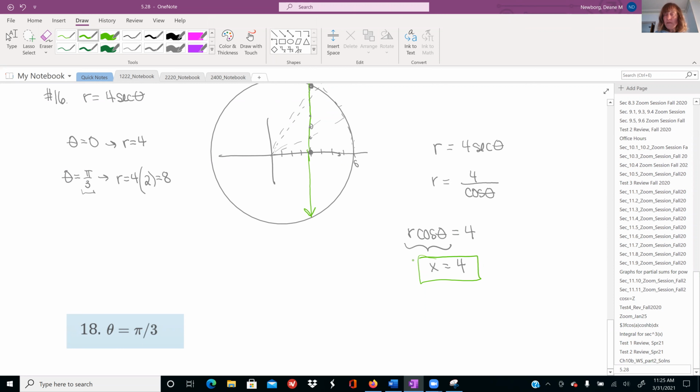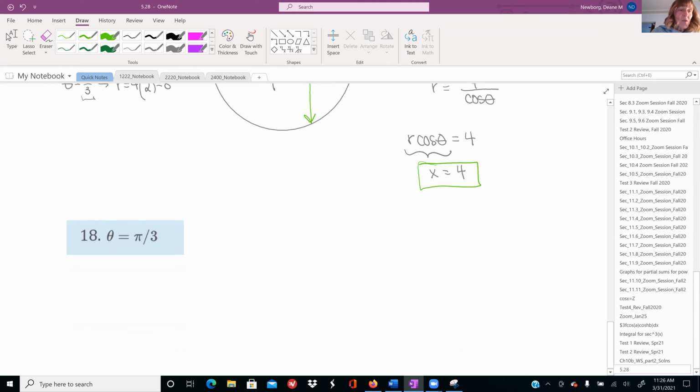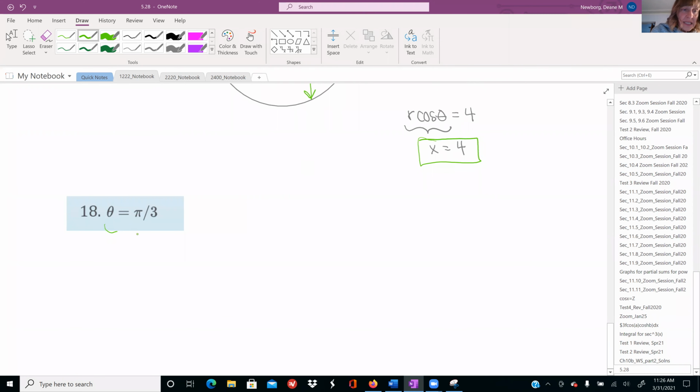For x equals 4, when we're in the rectangular coordinate system, we got that vertical line, and y could be anything, right? I could go up as far as I want, down as far as I want. Since y isn't in the equation, y can be anything. So the idea here is r is not in the equation, so r can be anything.